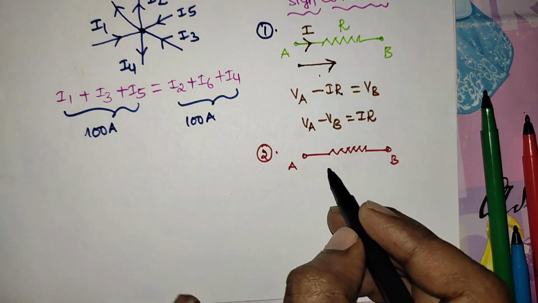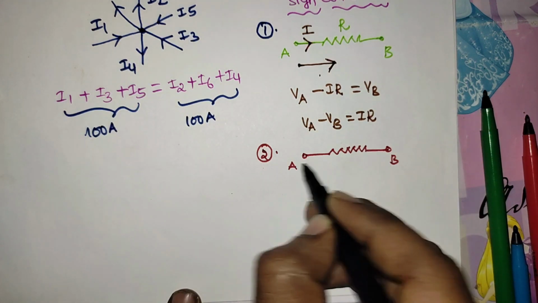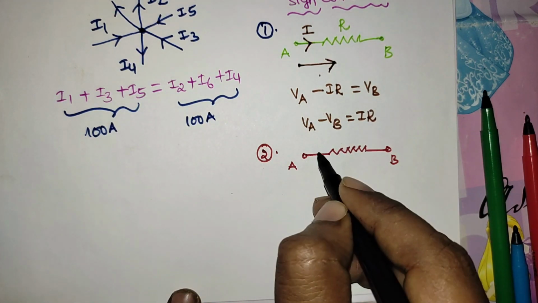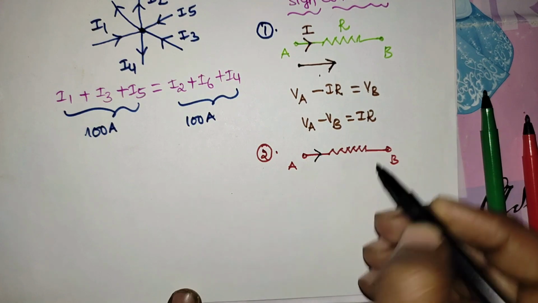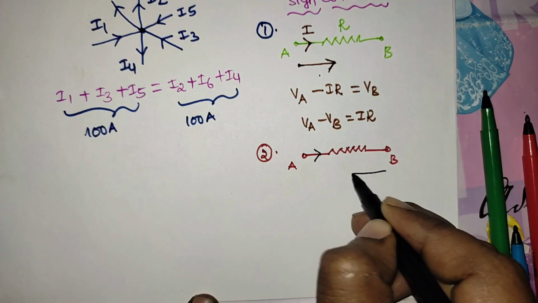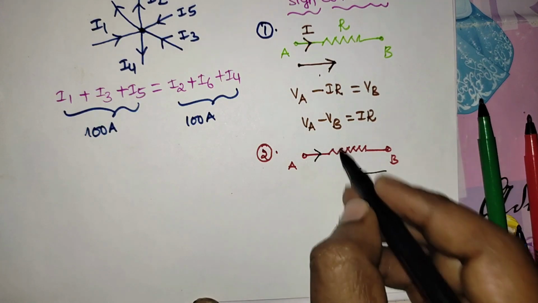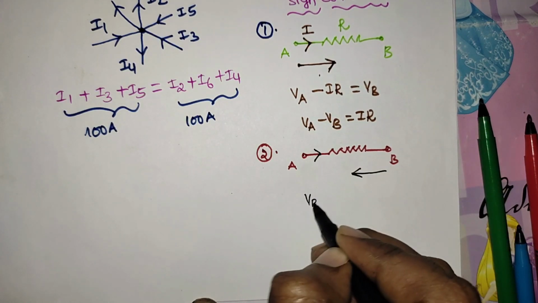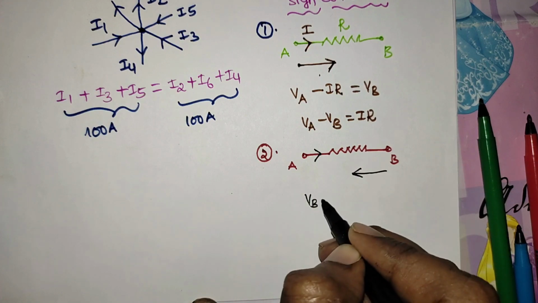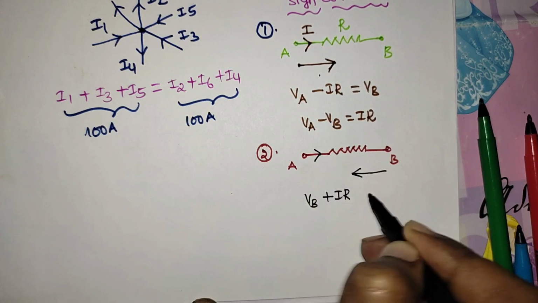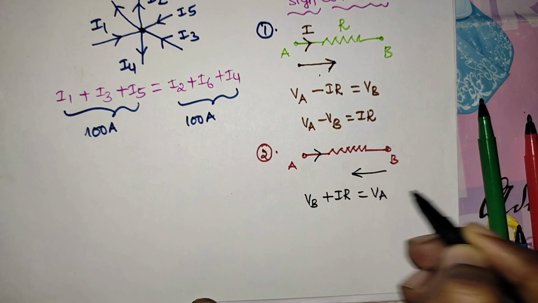In the second case, the current direction is from A to B only. Suppose you are moving from B to A, so your imaginary path is from B to A. Then both are in opposite directions, so it is taken as positive: VB plus IR is equal to VA.